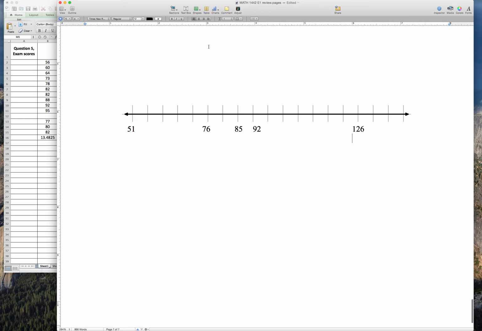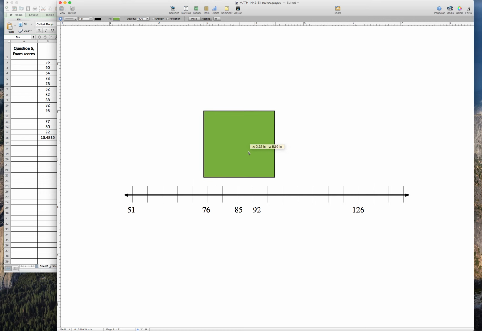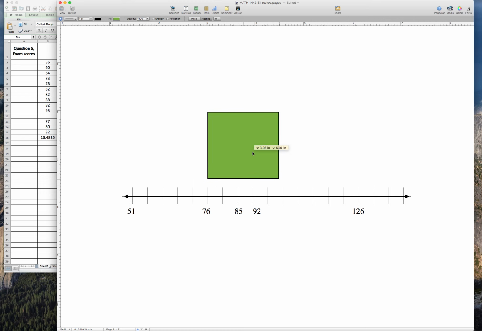And now I just need to draw the box. I'm not entirely sure how to do that. Something like this. It's a floating selection, so let me put it about right here. And what I'll do is I'll draw that over the number line, and I don't mean above, but on top of the number line here. And I don't really know how to do that here in this program.